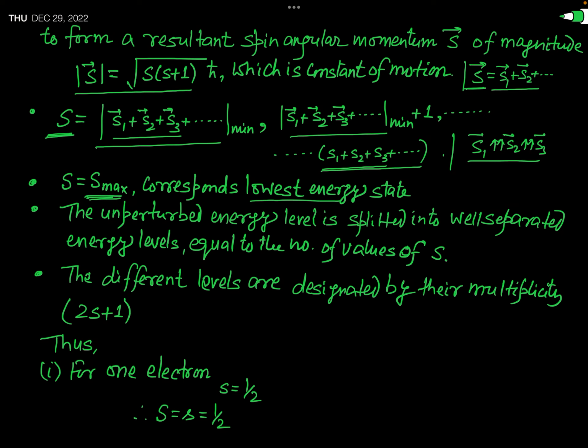Now, if this spin interaction does not take place, it means there is no perturbation. In that condition, you have an energy level, let us say this is the energy level when there is no spin interaction. This is called the unperturbed, that is undisturbed, energy level.